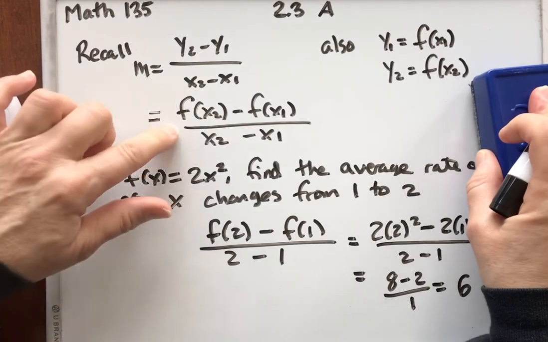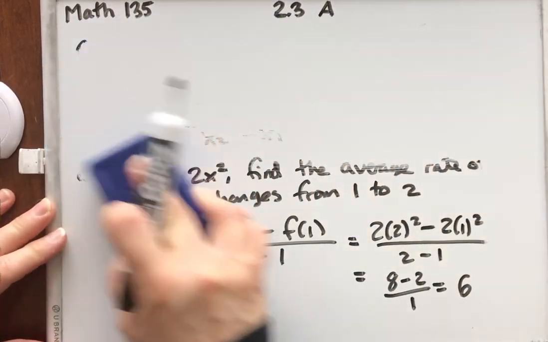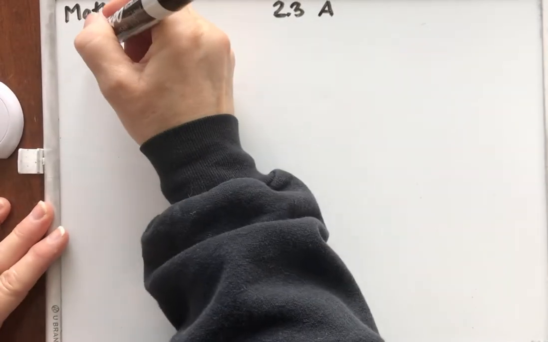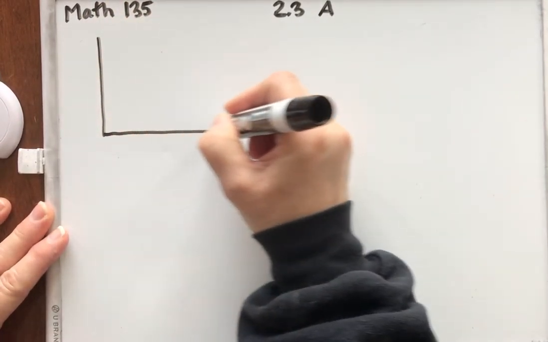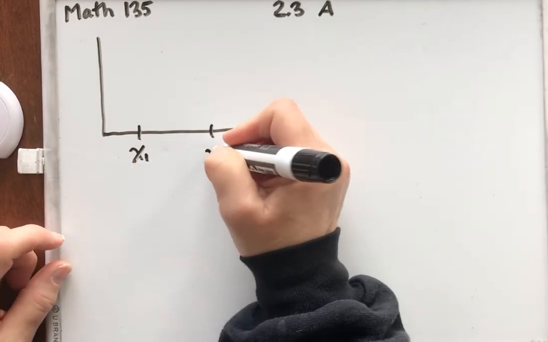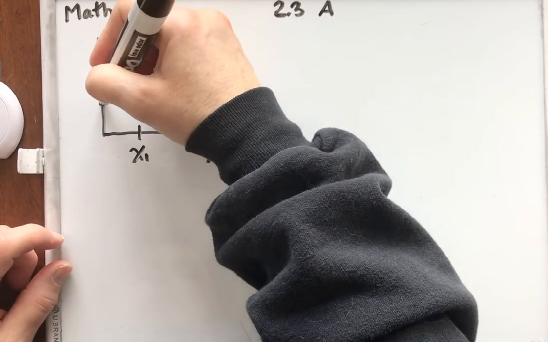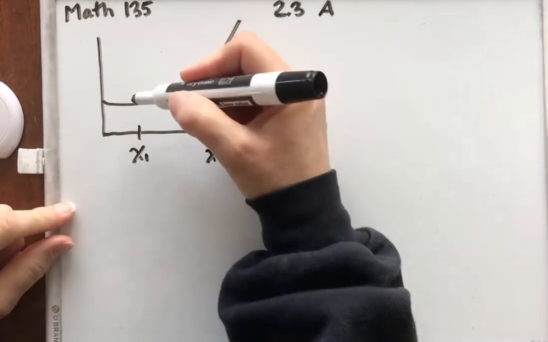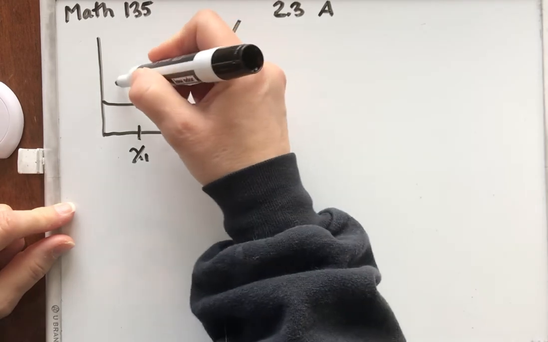Now, we're going to take this right here, and we're going to apply it to a graph. So here we have a graph. We're going to call this x sub 1 and this x sub 2. And we're going to make a curvy line again. All right, if this is x sub 1, this right here is f of x sub 1.